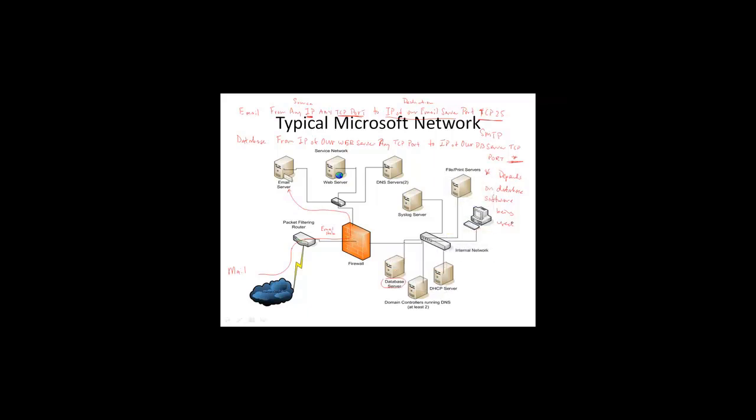So my point here is, in some cases, when we're writing rules, we know very little about the source. For the example of email, it could be any IP number and any TCP port number. And in other cases, we know a lot about the connection from the web server on our service network.